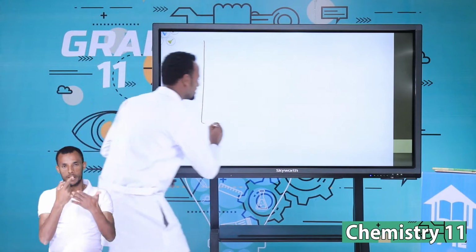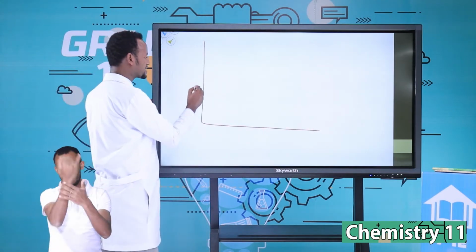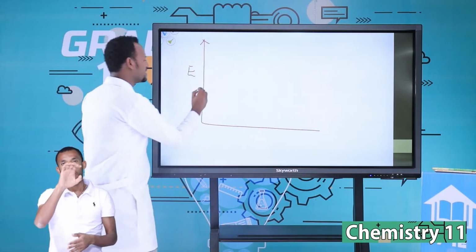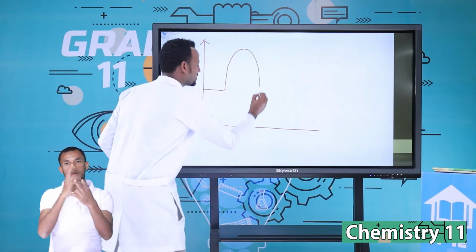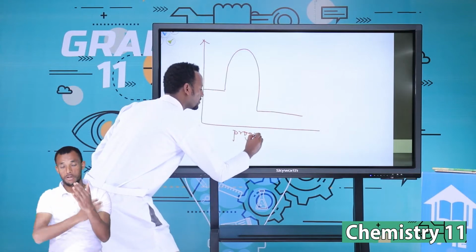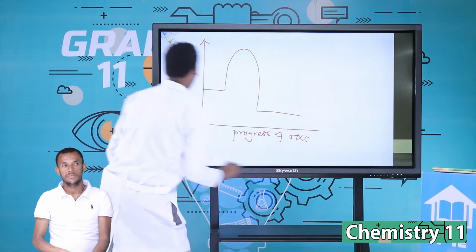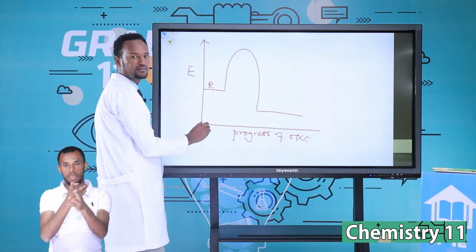This is the energy level diagram for reactant and product. This axis is energy, and this one is the progress of reaction. Let's take this position as the reactant, and this as the product.